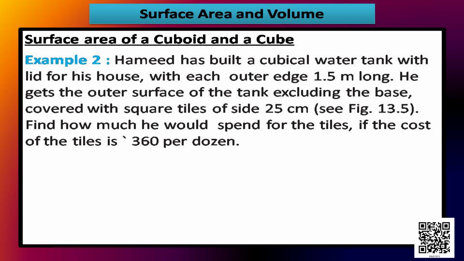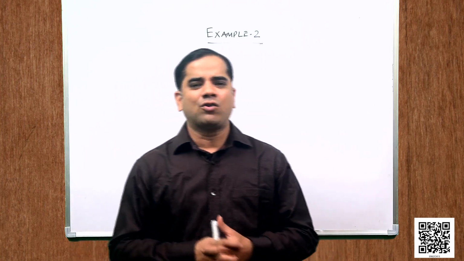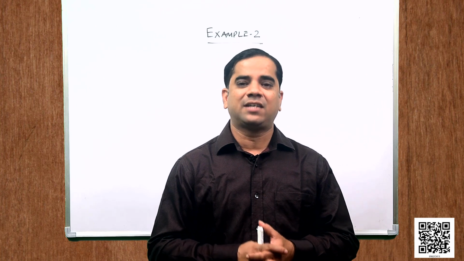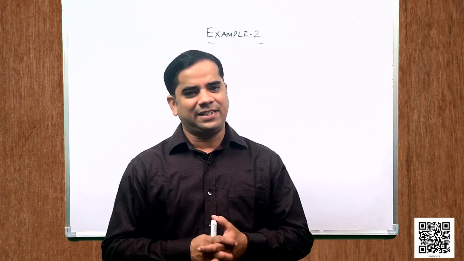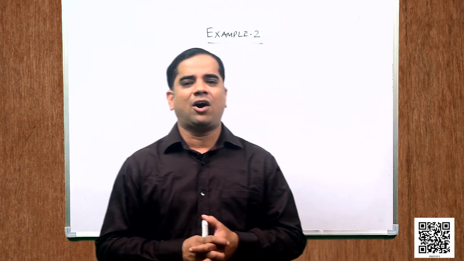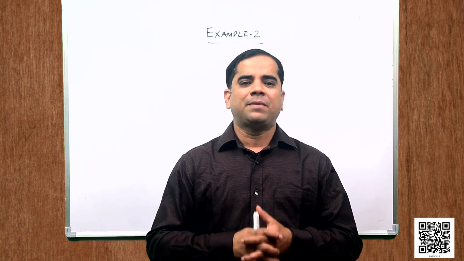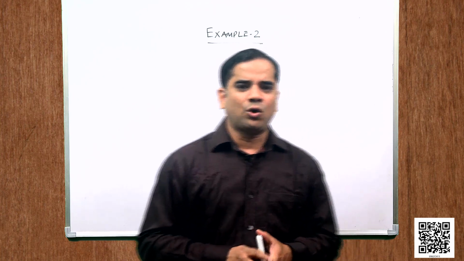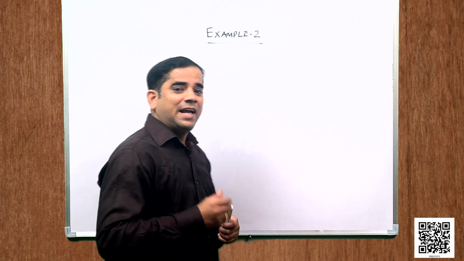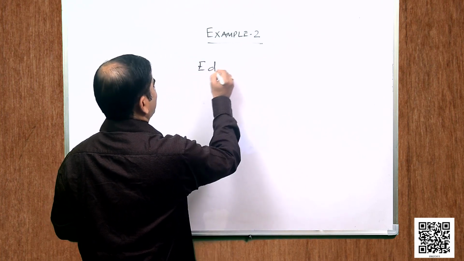Okay? Students, since Hamid is getting the 5 outer faces of the tank covered with tiles, he would need to know the surface area of the tank to decide on the number of tiles required. So, what are the given data? Edge of the cubical tank, edge.